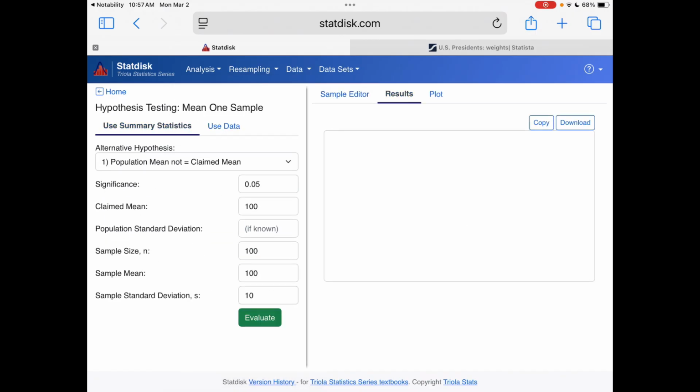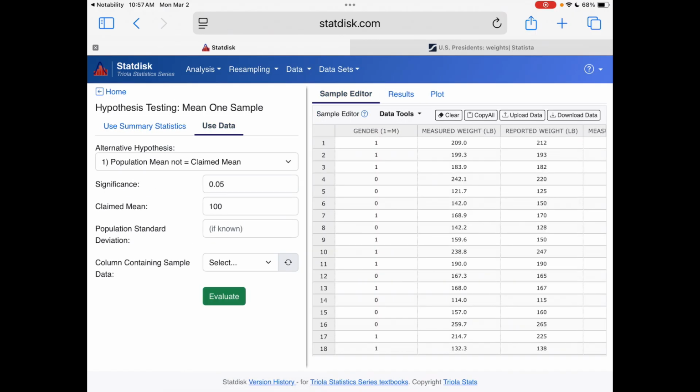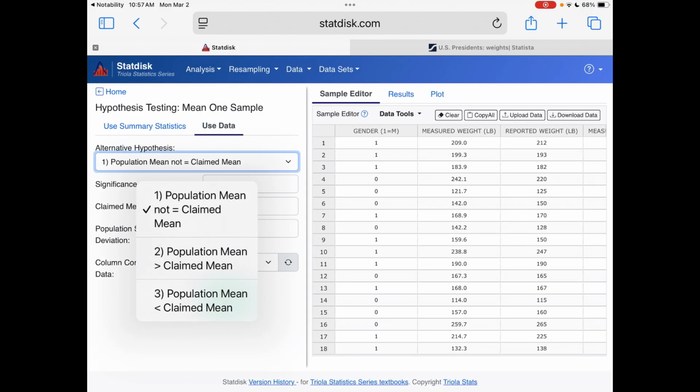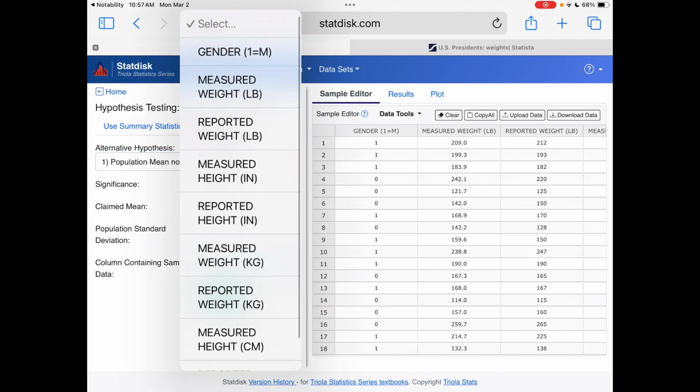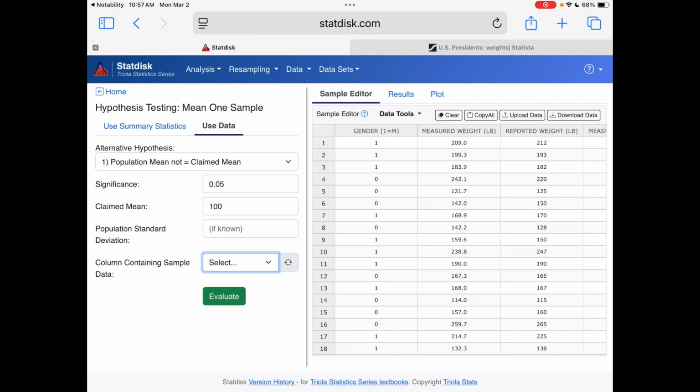So again, just looking at this, you can use your data, and from here you can select your significance level, your claimed mean. You can adjust what your alternative hypothesis is, and then it does say population standard deviation if known, which we do not know, and then using your correct column to calculate this. And likewise for using our two means and going through that exactly the same.